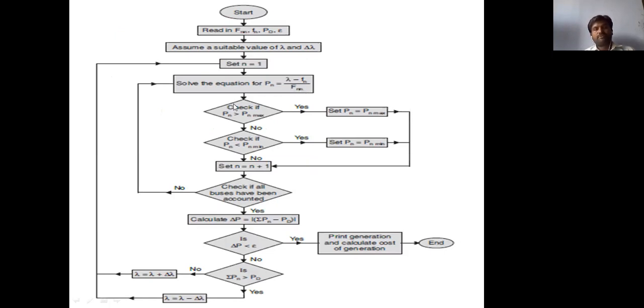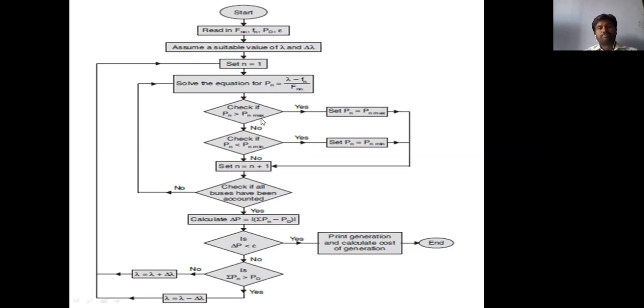You have already specified the minimum value and maximum value. So here check Pn using the diamond symbol. Check if Pn is greater than Pn maximum; if the condition is satisfied, set Pn equal to Pn maximum.